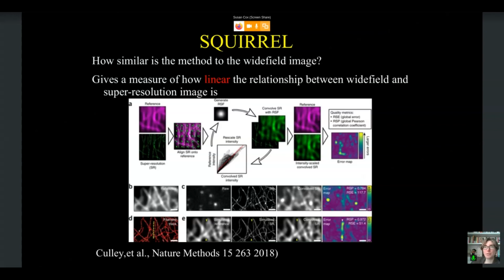But it's very important to realize that it won't be able to spot errors below the diffraction limit, so it's unlikely to spot artificial sharpening errors. So if you might have those, then Squirrel probably can't help you.